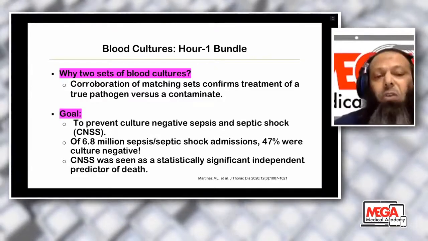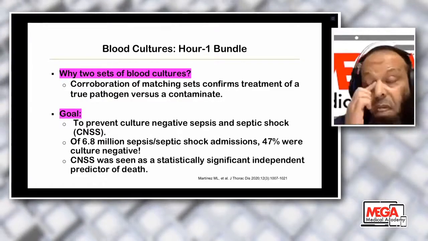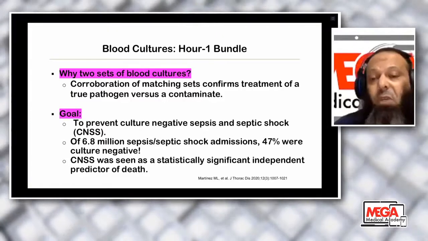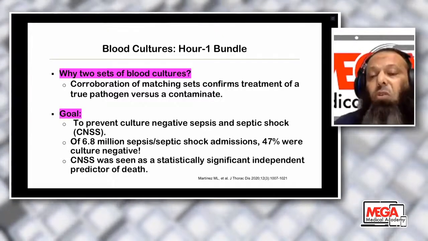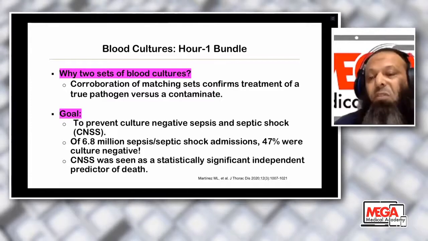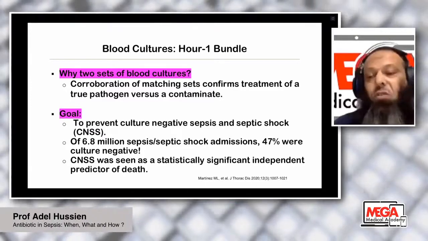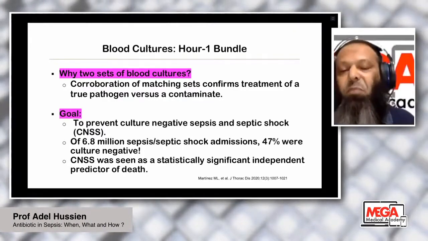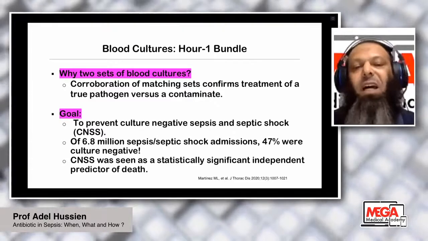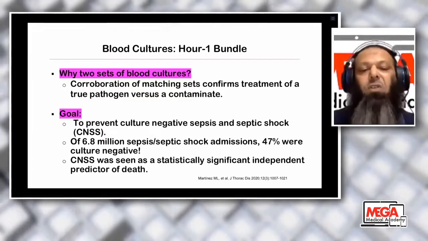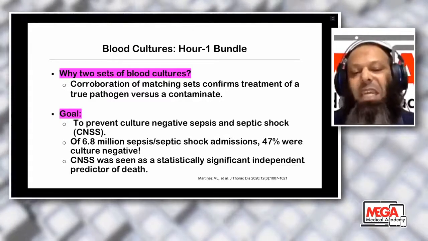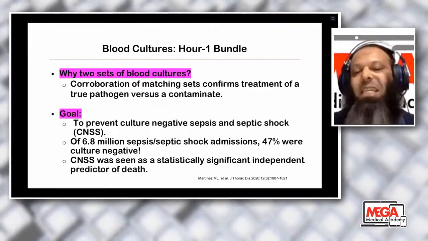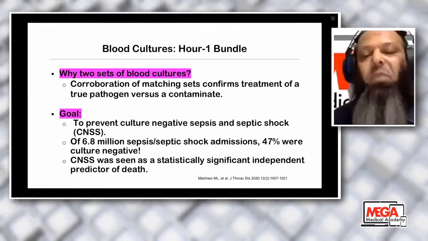Out of 6.8 or 7 million septic shock admissions, almost 47 to 50% were culture negative. So you can imagine about 50% of sepsis and septic shock patients are culture negative. Culture negative sepsis and septic shock was seen as a statistically significant independent predictor of death.